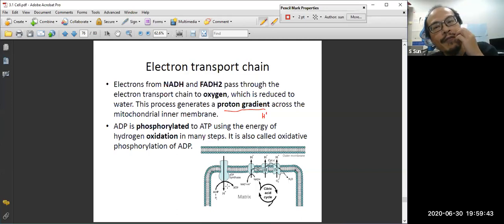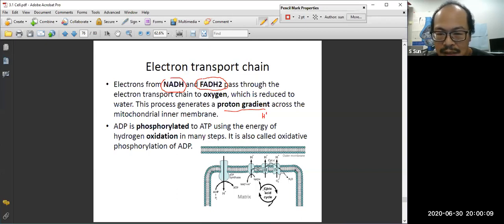But one thing we have not answered is where NADH and FADH2 come from. Where do they come from? We need those to contribute hydrogen, but where do they come from? They come from this further process in the matrix.